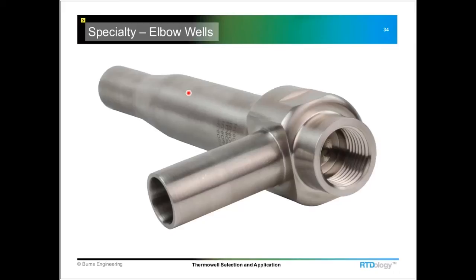And this section around the Thermowell is flared out so that it doesn't restrict the flow. So you still have the same cross-sectional area for the fluid to flow through this elbow-style Thermowell. It's a real good solution for smaller diameter lines, and these are made up to probably, I think, 4-inch tube diameters.